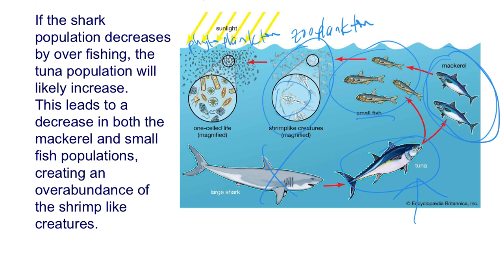And then there became an overabundance, because the small fish that eat the zooplankton, which are animal-like protists or invertebrates, decreased. You decrease these populations, the zooplankton would go up. And if the zooplankton went up in population, the phytoplankton would go down, because that's what zooplankton eats.